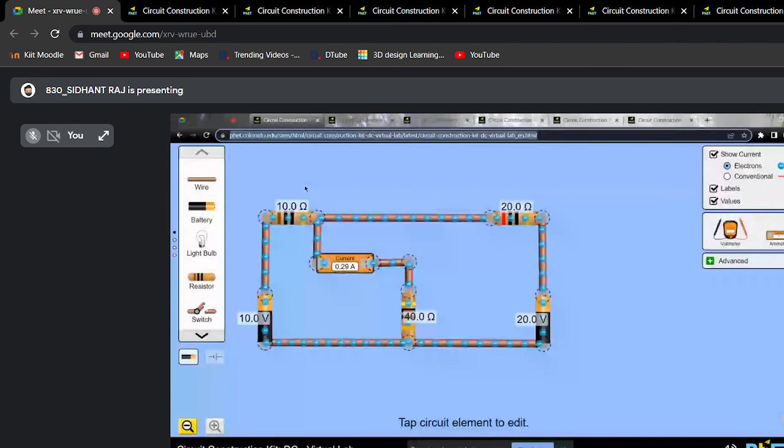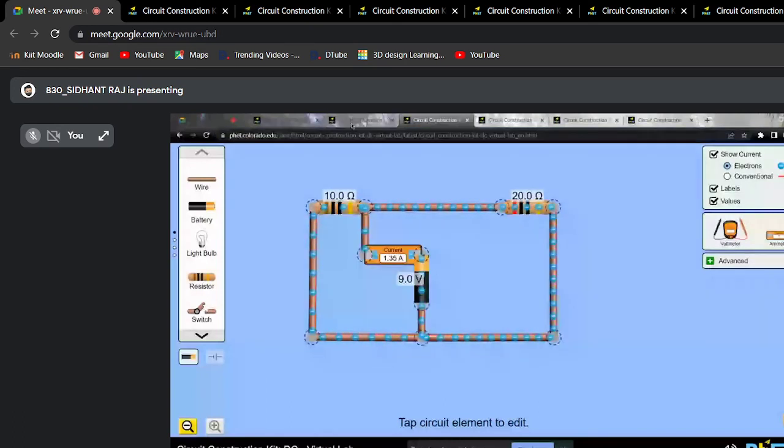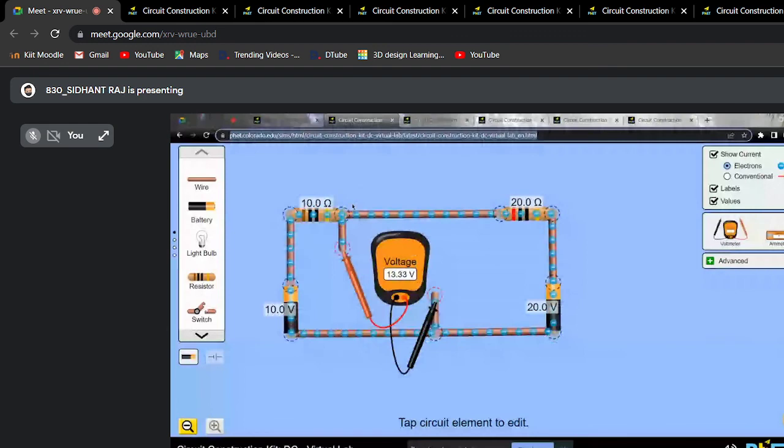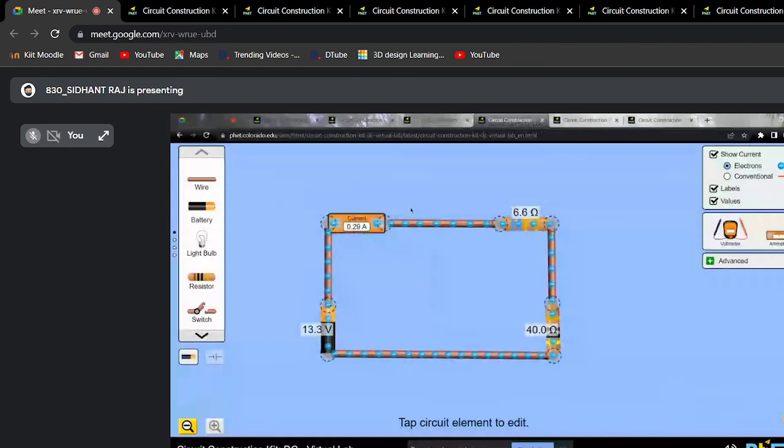Yes, show. No, the second circuit is not shared. Yes ma'am, this is the second one. This is the third one. This is the fourth one. Which one is the fourth one? Ma'am, this. Yes, this is the fourth one. Your screen is lagging. Okay, correct. And the two circuits?